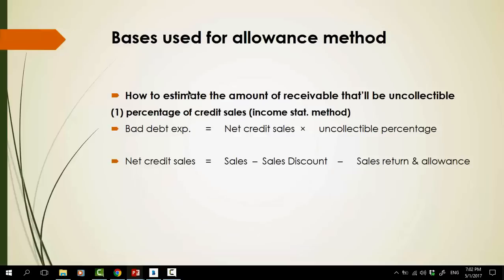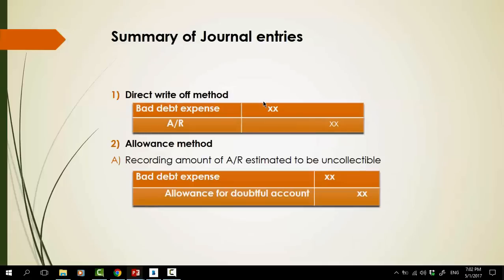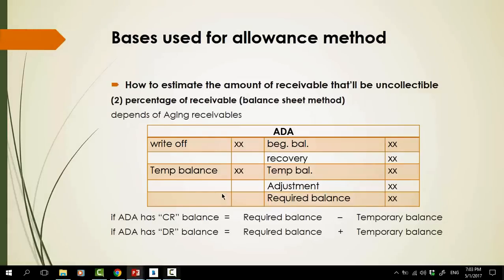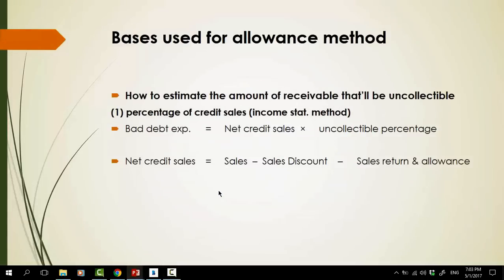How do we make the estimation? Again, in the estimation we record bad debt expense and ADA. How will we estimate that there is a portion from the accounts receivable that might not be collected? We have actually two methods.